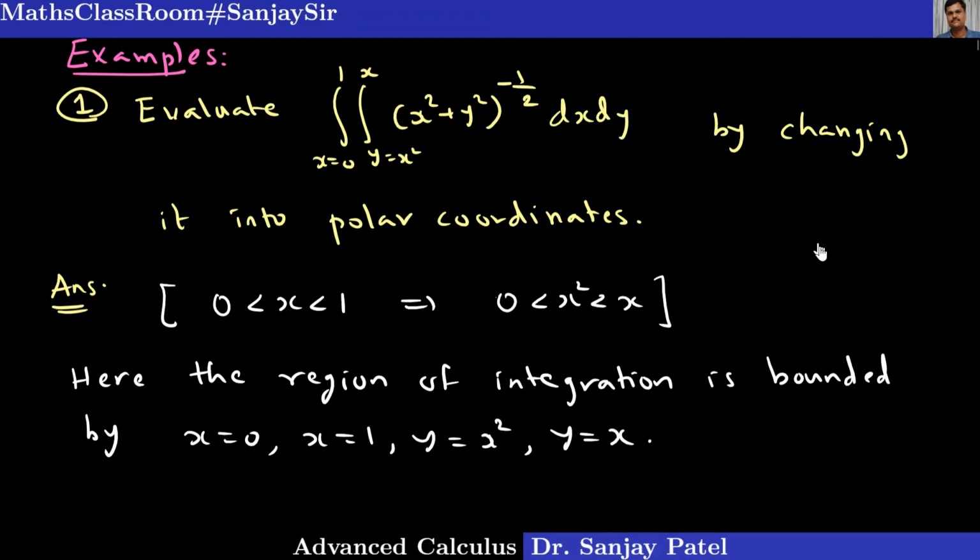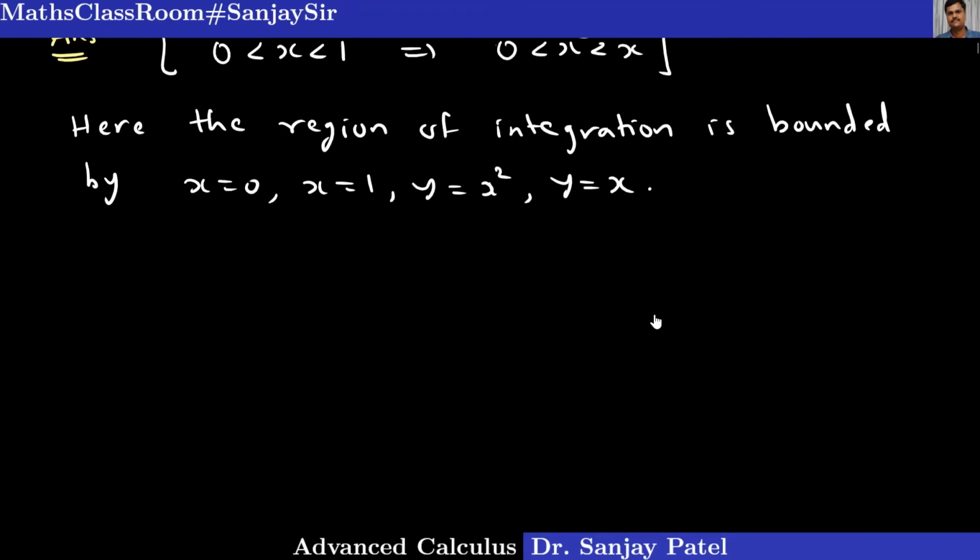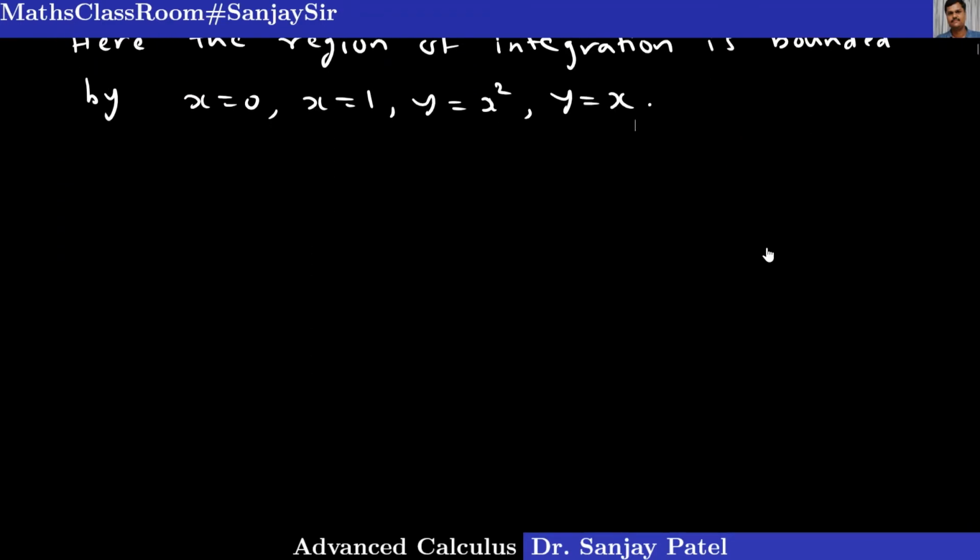Now first of all let us find the points of intersection of these four curves. Here for y is equal to x square, when you put x equal to 0, we get y is equal to 0, and when you put x equal to 1, we get y is equal to 1.